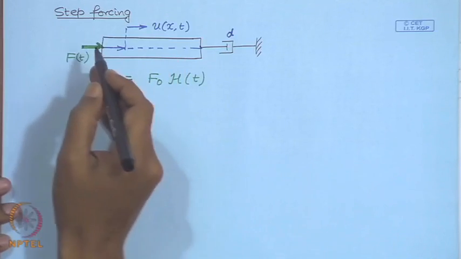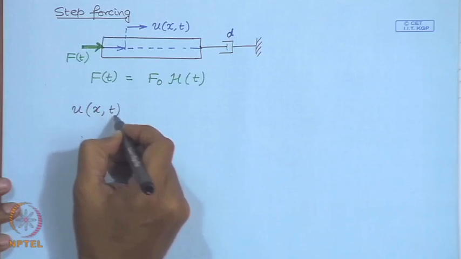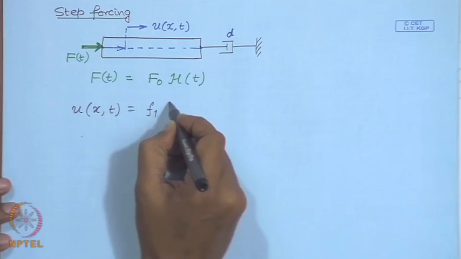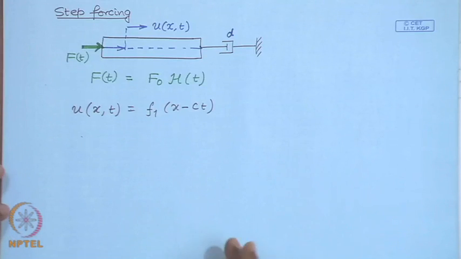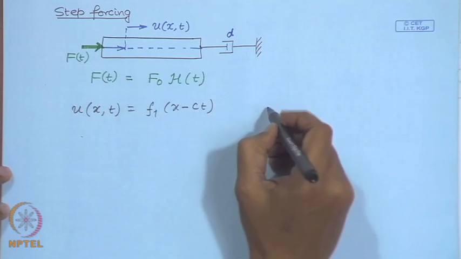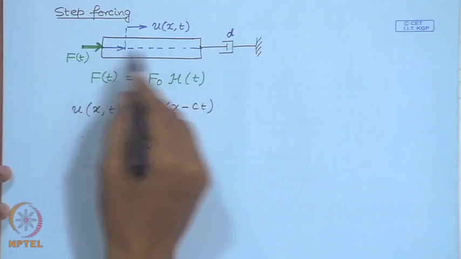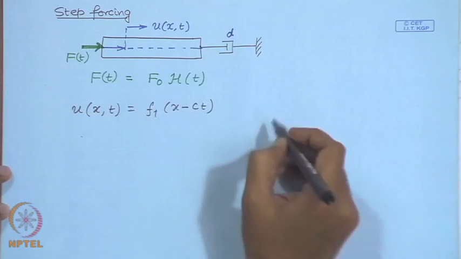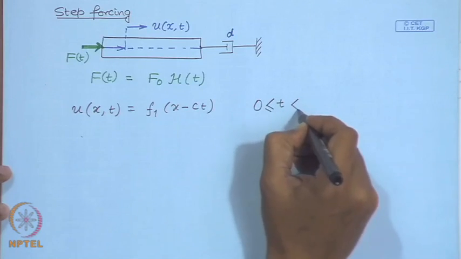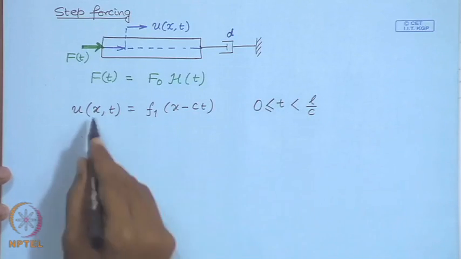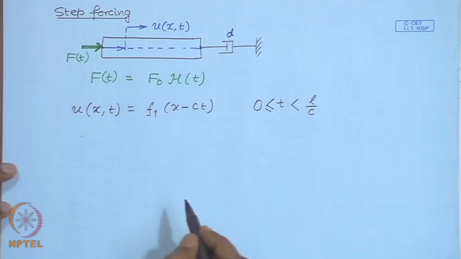So, we have a positive travelling wave propagating in the bar, and this is going to be the solution as long as the wave does not hit the right boundary.